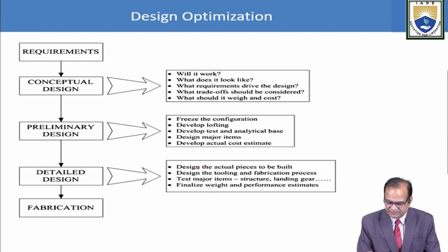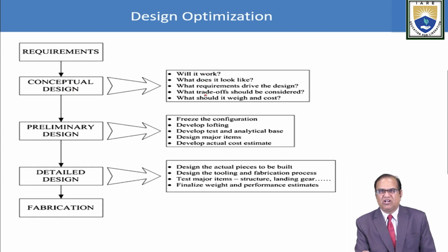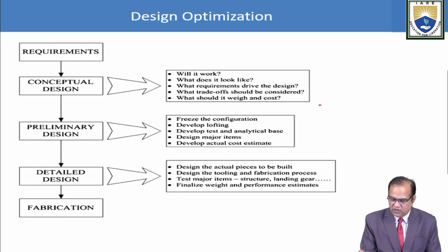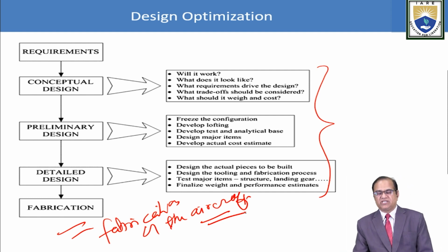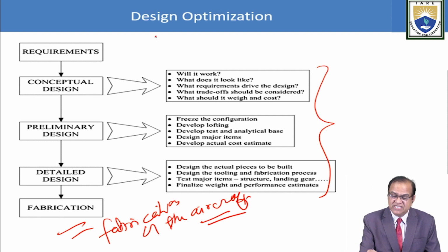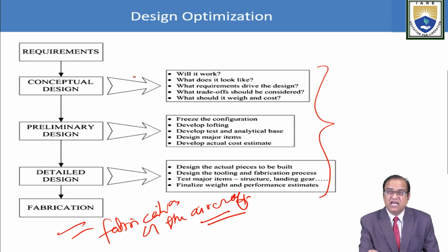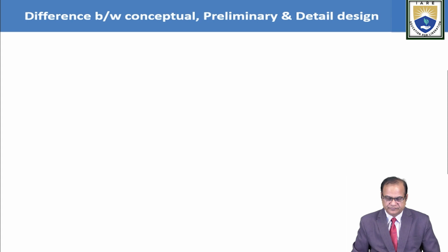So in the detailed design, we have to see all these things. In the preliminary design, we have to see all these things. In the conceptual design, we have to see all these things. And after all these are done, then you have to go for the fabrication of the aircraft. So this is the design optimization, and one by one we have to proceed ahead to achieve the goal.